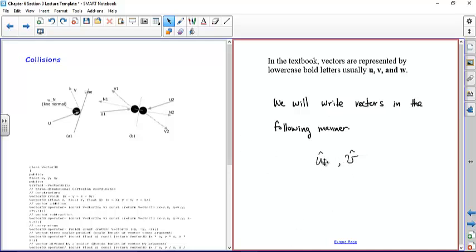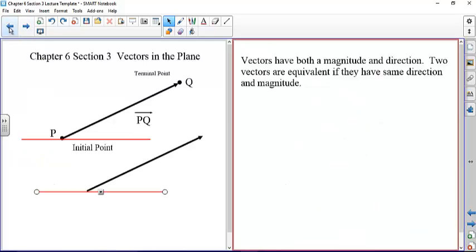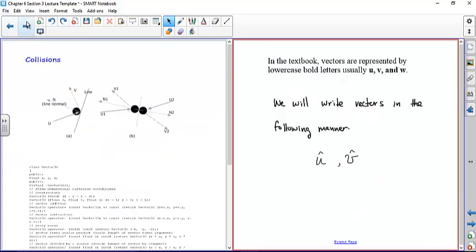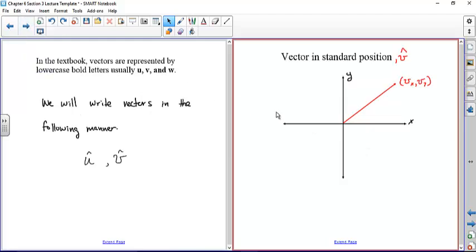Or we could use two capital letters to represent the points that are the initial point and the terminal point. Now, the vector in standard form, I'm showing this vector v with this little hat, is in standard form when the initial point is the origin and the final point is some other point.